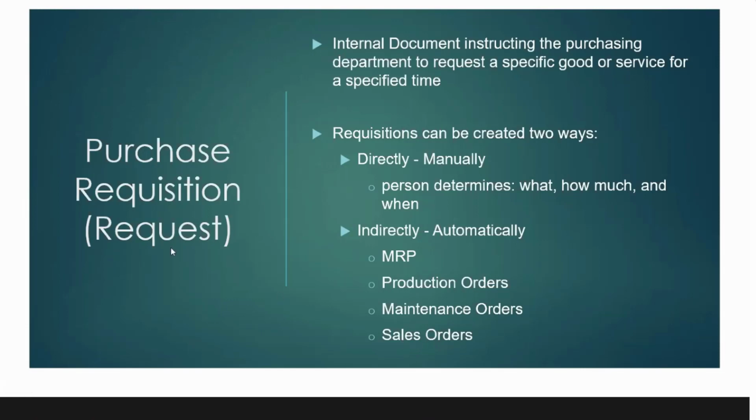The sales order can also create a purchase requisition. So don't forget, we can do it manually or automatically. This means the system will create it for you, because some programs check rules in the company and then automatically create the purchase requisition for you. Any question?